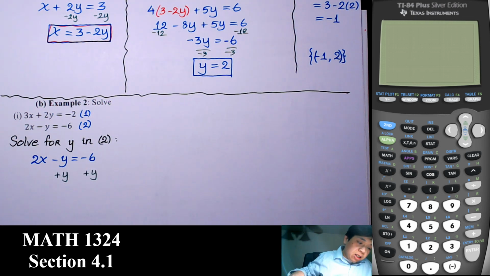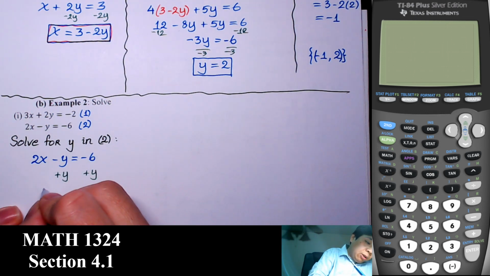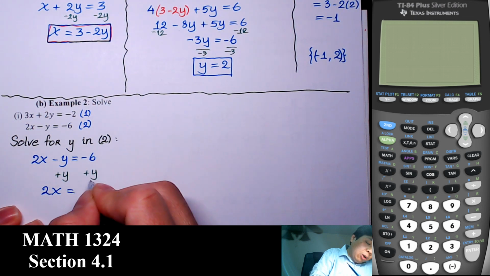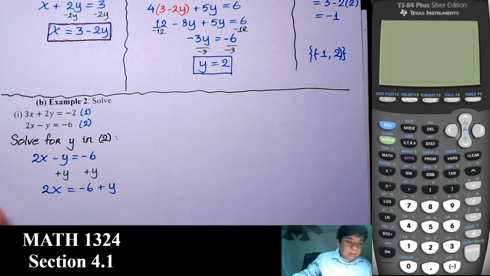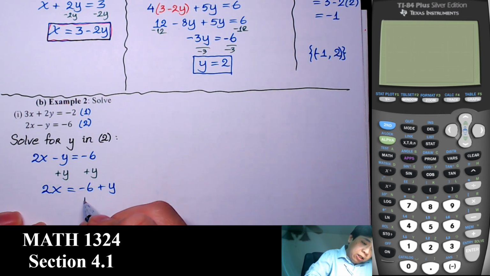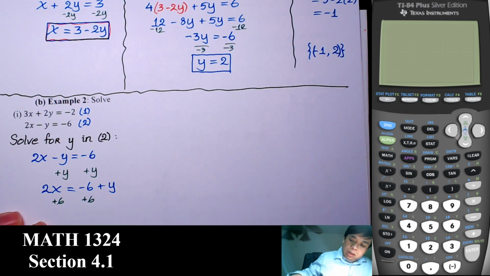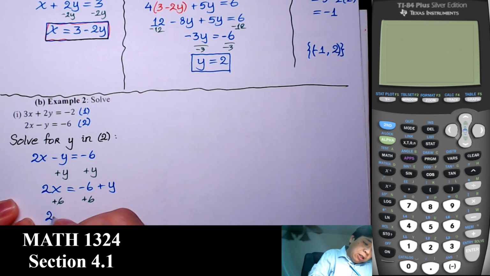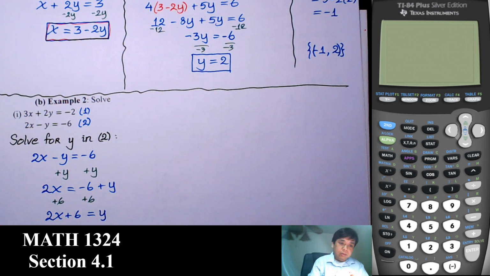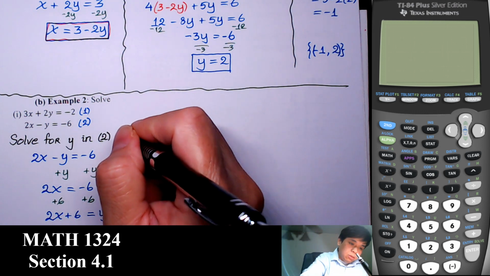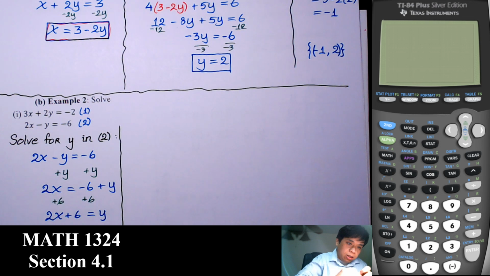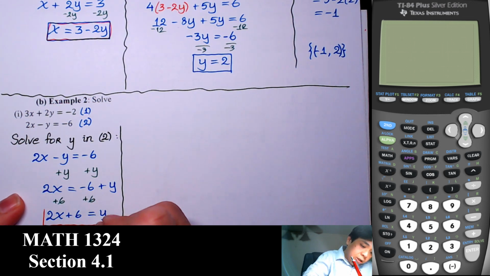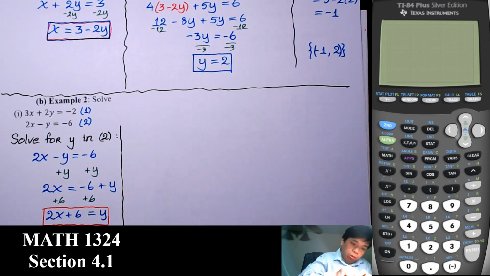So it's 2x equal to -6 plus y. And then we add 6. That gives us 2x plus 6 equal to y. So that is the substitution, y equal to 2x plus 6.